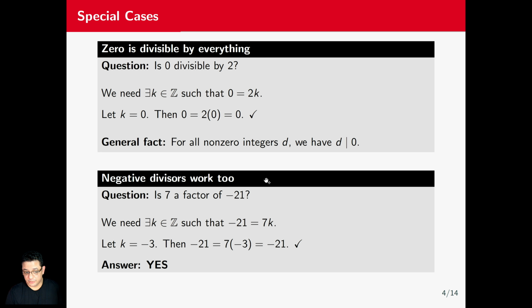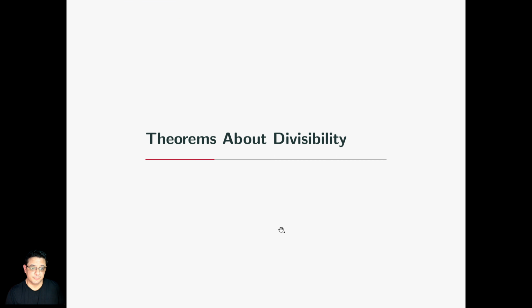Negative divisors are going to work too. So for example, is 7 a factor of minus 21? And yes, because you can represent minus 21 as 7 times minus 3. So when you are looking for that special k that makes it so minus 21 is 7k, you can count on minus 3. So we can have negative integers, and they're working in our favor.